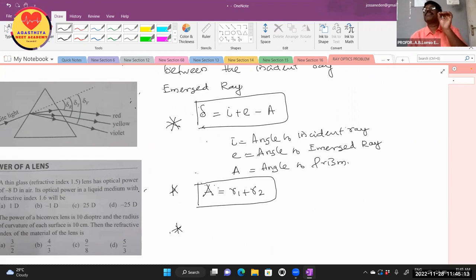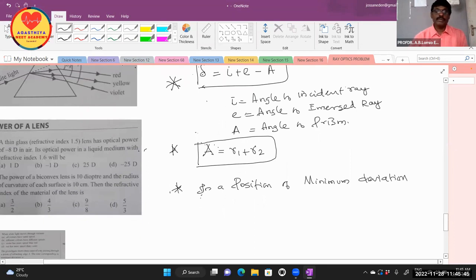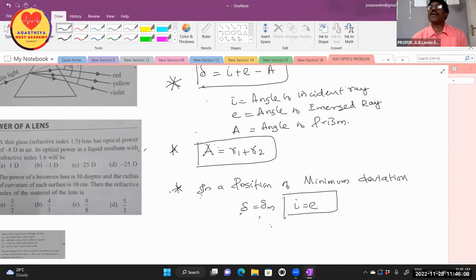When the angle of deviation is minimum, in the position of minimum deviation, delta is denoted as delta m, and I is equal to E. Angle of incidence is equal to angle of emergence, provided the position of minimum deviation.